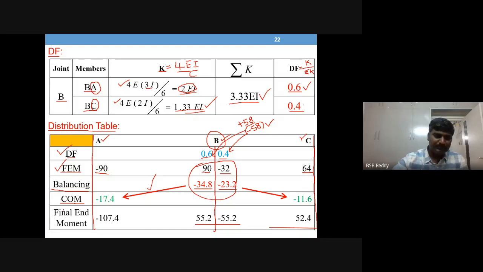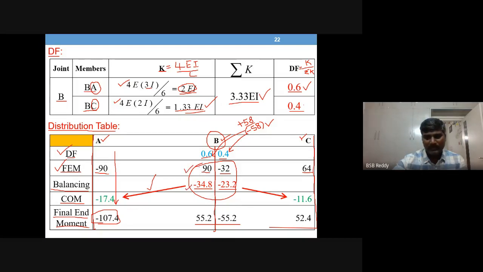Now the last row will be the final end moment calculation. You add all the values in this row. You have the fixed end moment and the carryover moment. Add all those. This is your final MAB value. Similarly, you add these values.